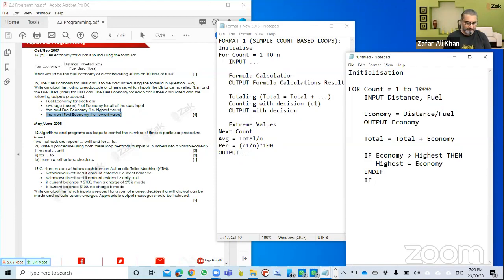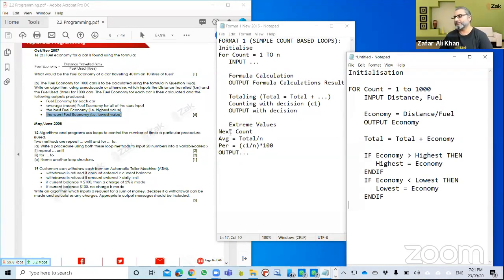If economy is less than lowest, then lowest is equal to economy. And if now, so extreme values are covered, you understood extreme values.